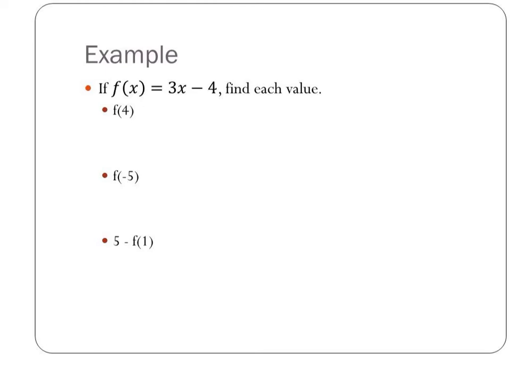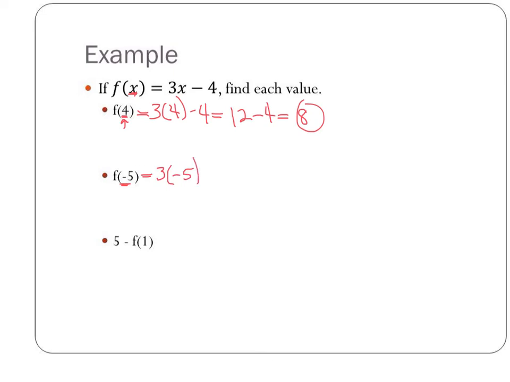So with function notation, we can evaluate these. For f of 4, we replace x with a 4 and you are just working out the right-hand side. That's 12 minus 4, which is 8, and you're done. The next one, we're going to replace x with negative 5.